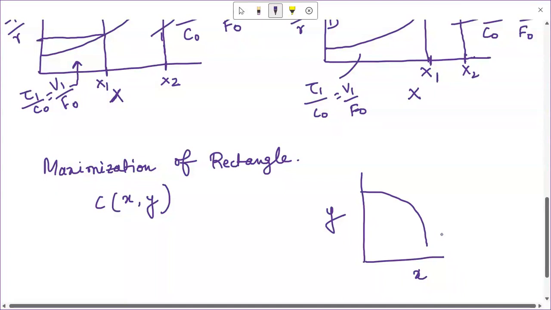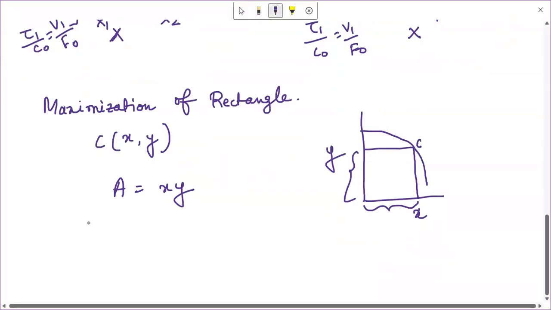Let's say you want to find the point C on this curve, such that the area of the rectangle that forms over here is maximum. Then first thing you write is the area is simply x into y, length into breadth, simple concept.